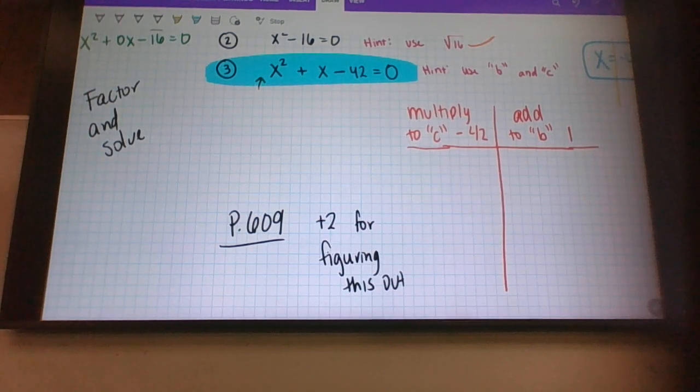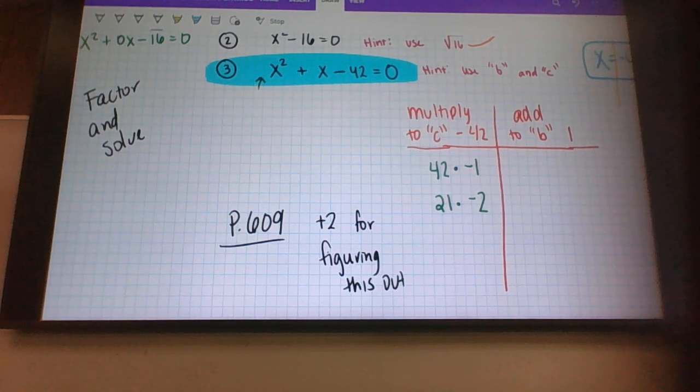So when we practiced this, we started out making really long lists. Like, 42 times negative 1 makes negative 42, and 21 times negative 2 makes negative 42. Does 42 divide by 3? Calculator, does 42 divide by 3?